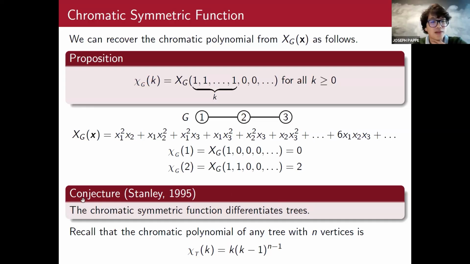This is still open, but it's been verified up until 29 vertices. And there are many other open conjectures related to this upgraded version of the chromatic polynomial. So maybe let me stop here.